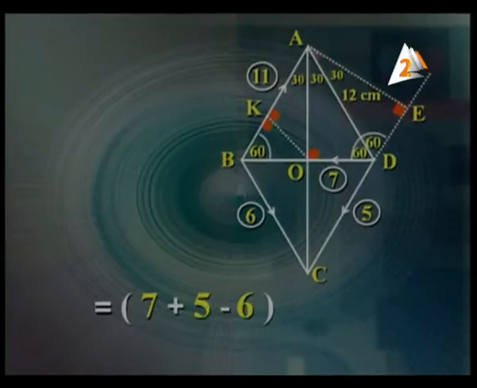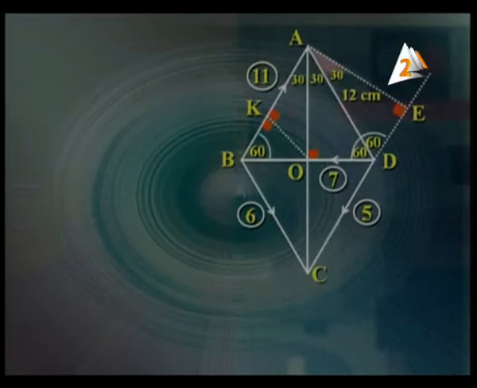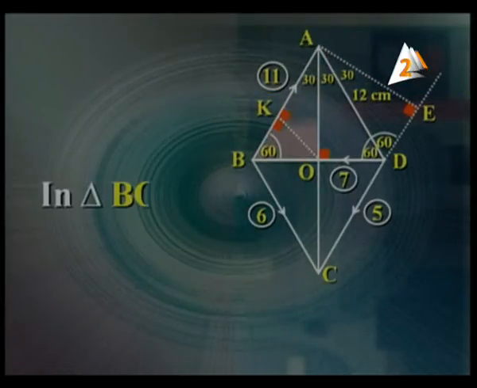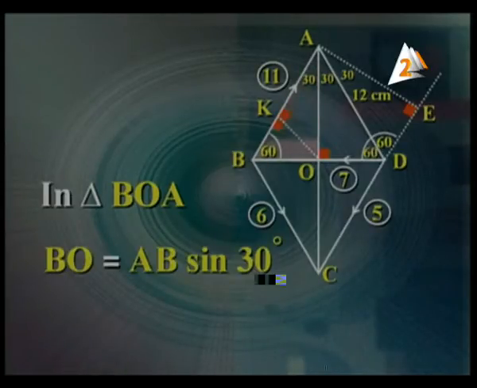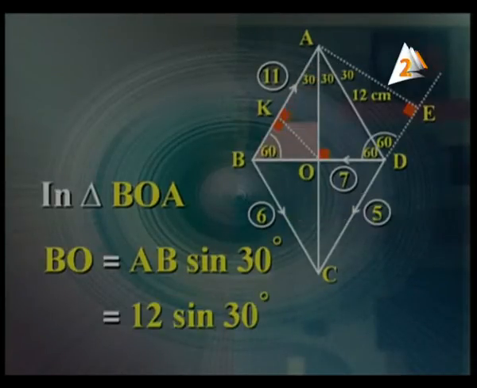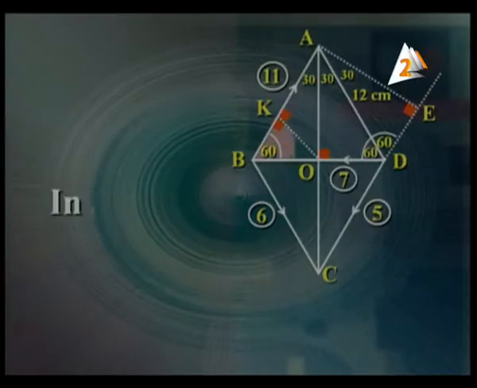Now, in triangle BOA, BO equals AB sine 30, which is equal to 12 sine 30, or equal to 6 centimeter. And we say in triangle BOK, OK equals BO sine 60, which is equal to 3 root 3 centimeter.